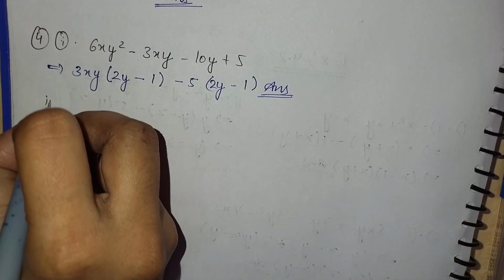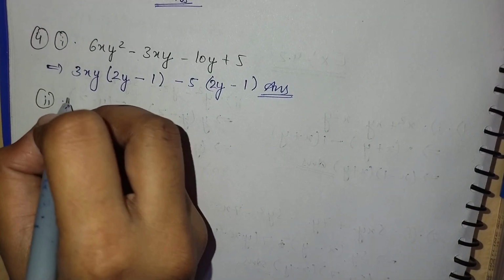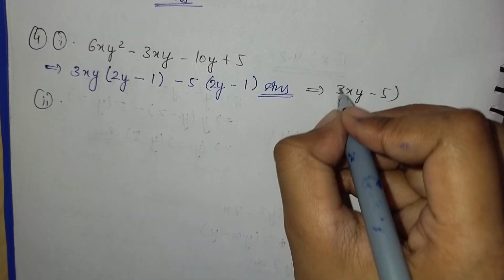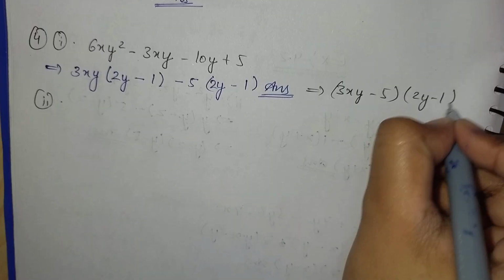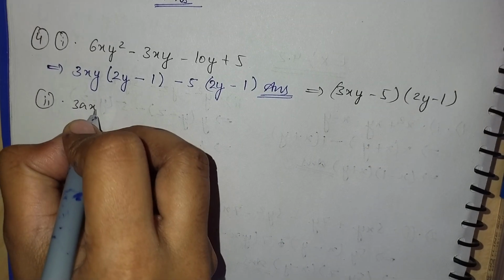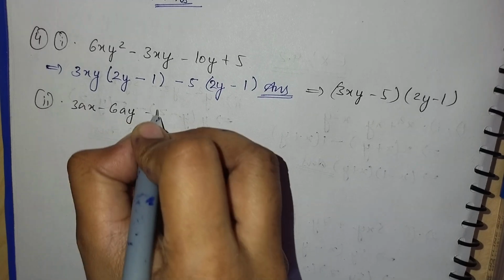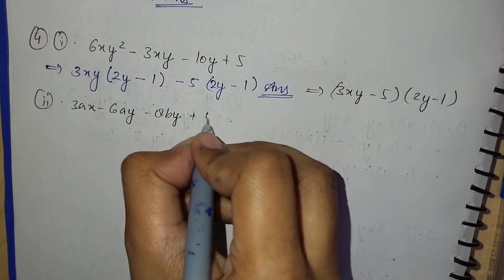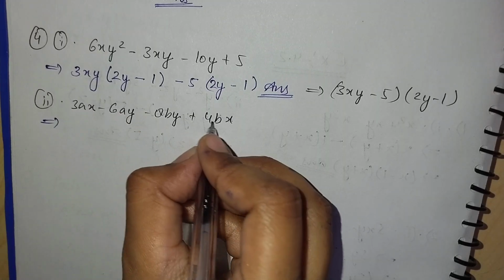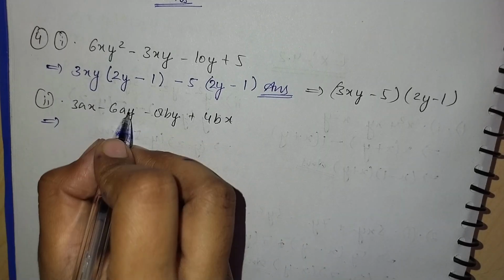On writing this we can write it as 3xy minus 5 and 2y minus 1. Now the second part of the fourth question is 3ax minus 6ay minus 8by plus 4bx. So here we can take common from this and this.